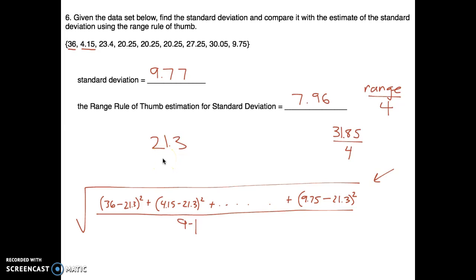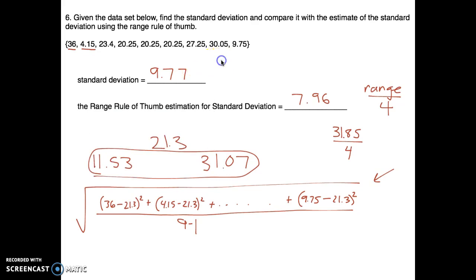So if we take 21.3 and add 9.77, we get 31.07. Then if we take 21.3 and subtract 9.77, we get 11.53. So we can say that a lot of the numbers are going to be between these numbers.